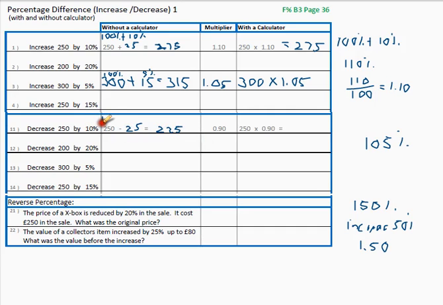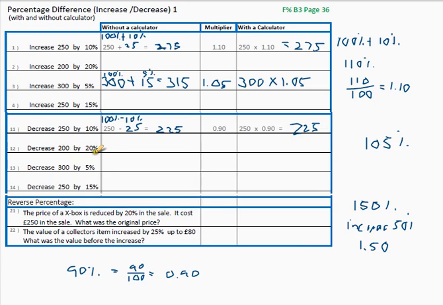Now this is 100%, and that is take away 10%, which gives us 90%. 90% divided by 100, let's think 90 over 100, isn't it? 90 divided by 100 is 0.90. Okay, so that's where the 0.90 times comes from. So if you do that sum, 250 times 0.90, you will get 225.